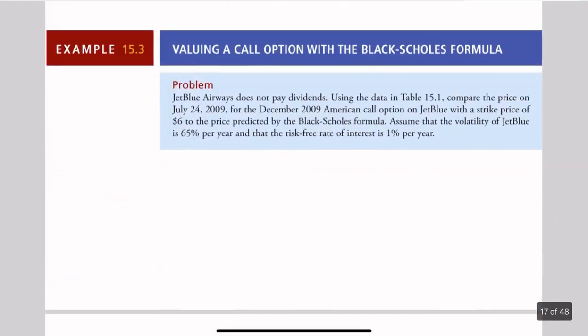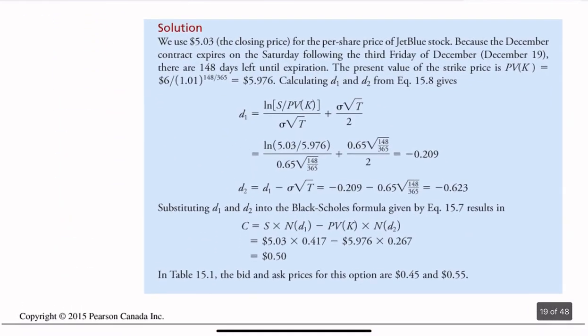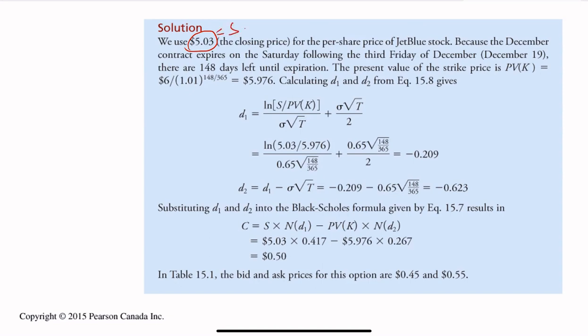Now you can see that from the answer here, we can actually find out the stock price is 5.03, right? And then what is B here? B is given by this number.